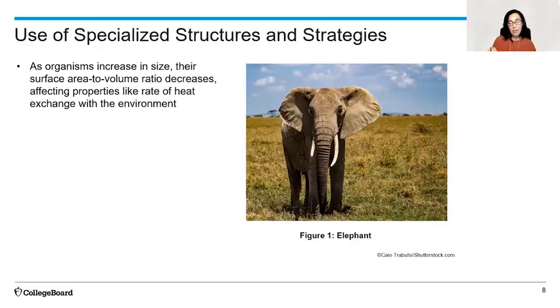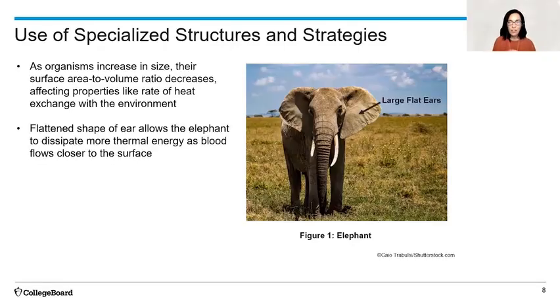So they have an adaptation. They have their large flat ears that you see here, and that's going to allow the elephant to dissipate more thermal energy as blood flows closer to the surface. So they're able to overcome this limitation by having the larger, flatter ears. And then they'll end up cooling off for themselves a little bit more.